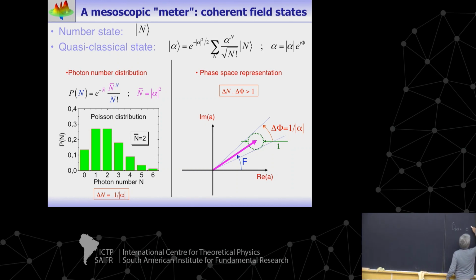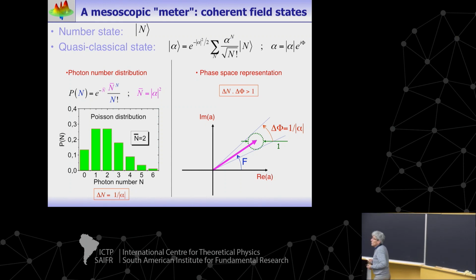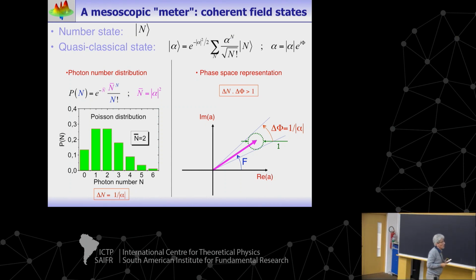And this is the exponential of alpha times a dagger operator minus alpha complex conjugate times a operator. So this operator, you can check easily, is a unitary operator. And when you apply D of alpha over vacuum, you get the coherent state alpha. So mathematically and formally, it's very interesting to use it when manipulating a coherent state.